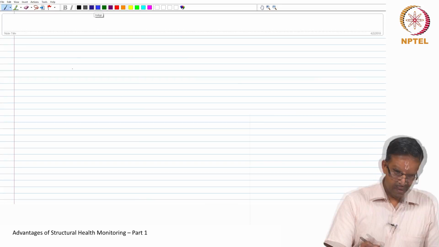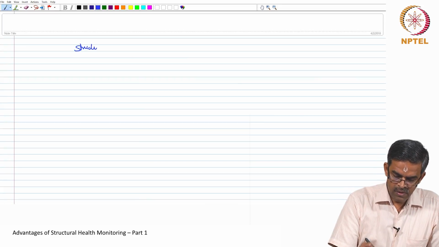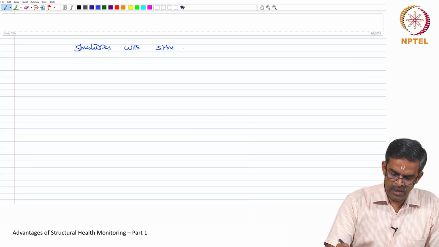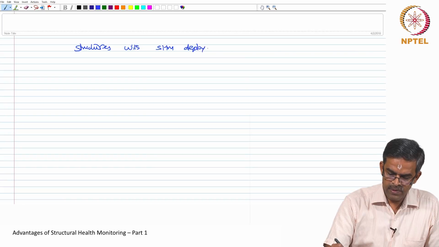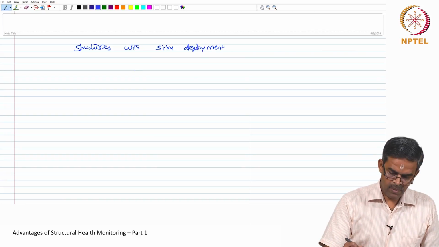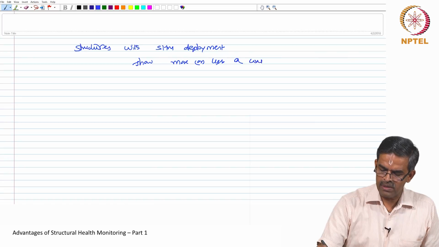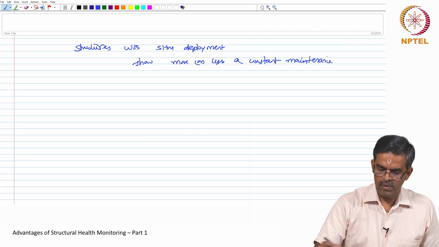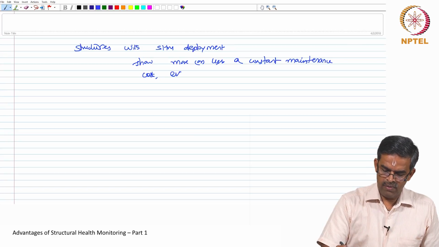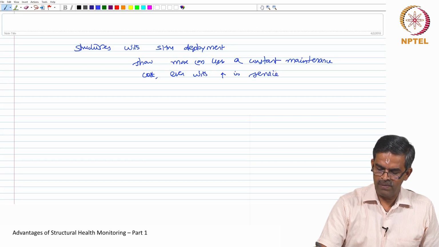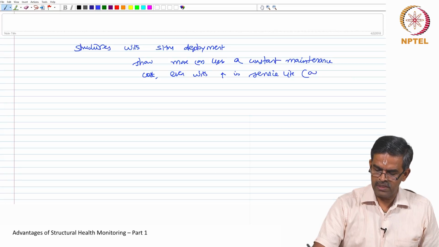So, one can say structures with structural health monitoring deployment show more or less a constant maintenance cost even with increase in the service life of the structure, that is, aging.